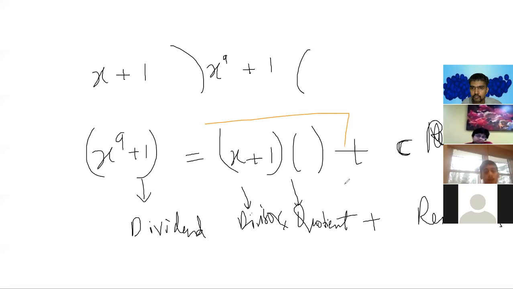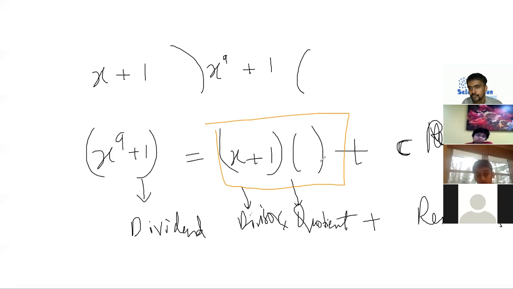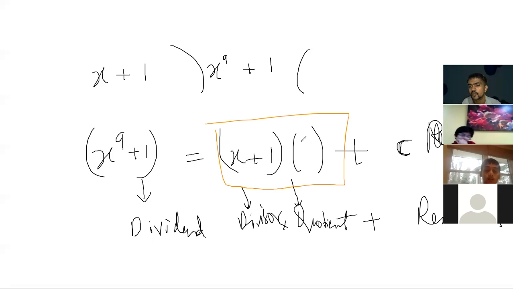If I put x equal to minus 1, what happens to this box? On the left side and right side, if I put x equal to minus 1, what happens to this box? Minus 1 plus 1? Oh, zero.